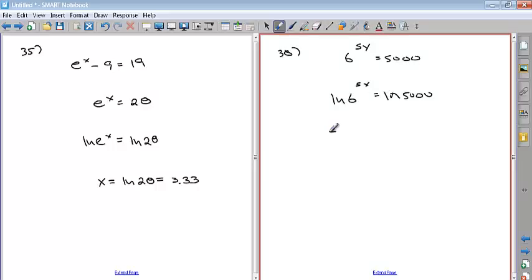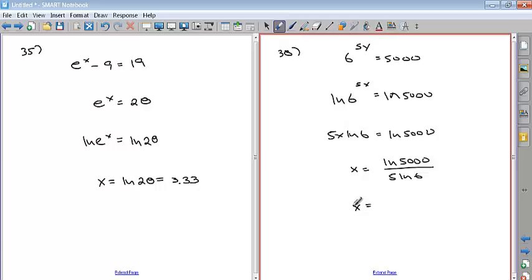You take the exponent out, so you get 5x times the natural log of 6 is equal to the natural log of 5,000. Divide both sides by 5 times the natural log of 6, which is what I have on the left-hand side.